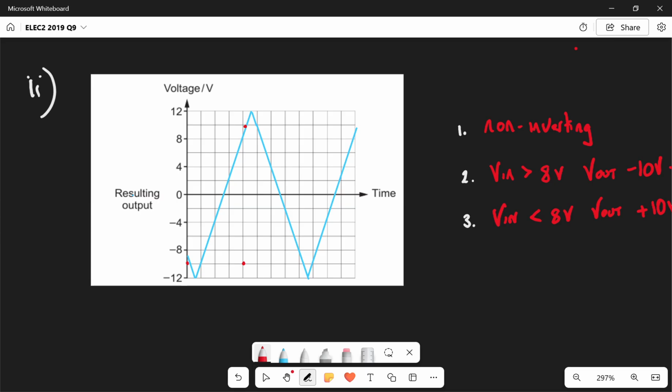Now, because of the Schmitt trigger nature of this, it's got to go back down below minus 8 volts in order for it to switch from plus 10 volts to minus 10 volts. So that is going to occur here, and so it's not going to change until we get to this point here.